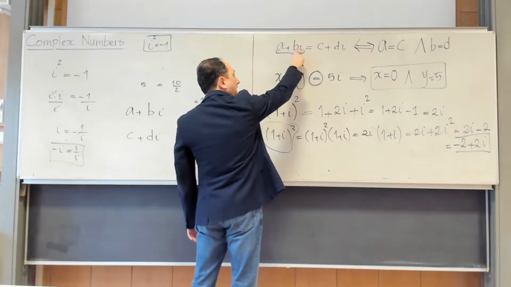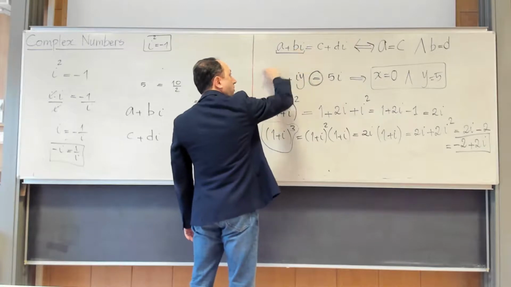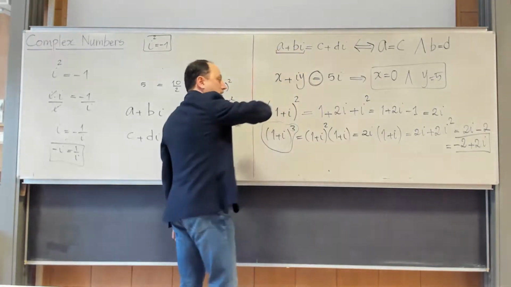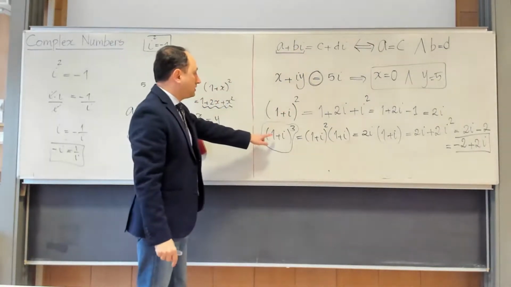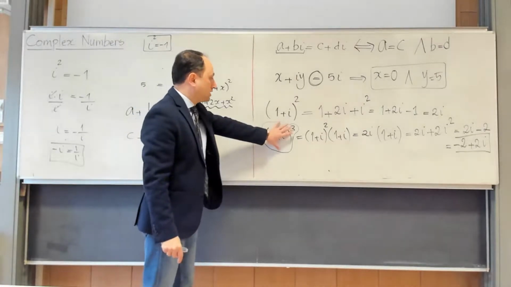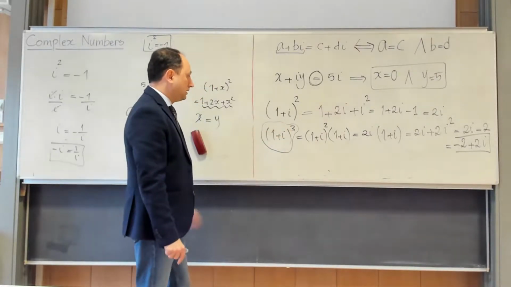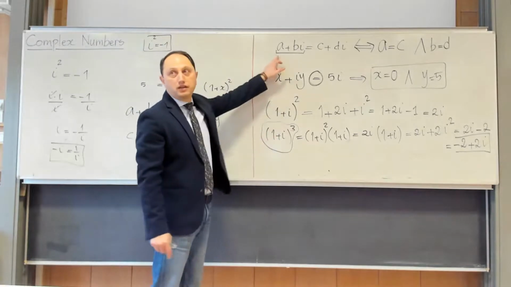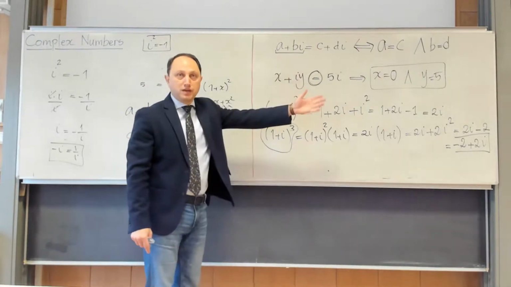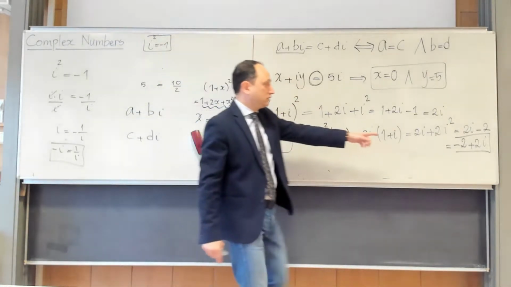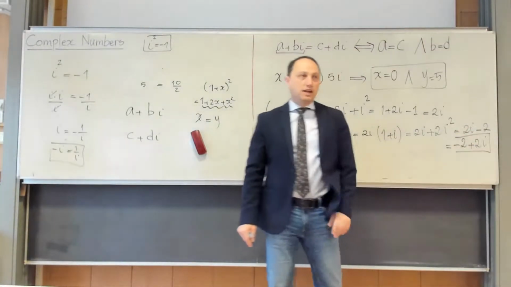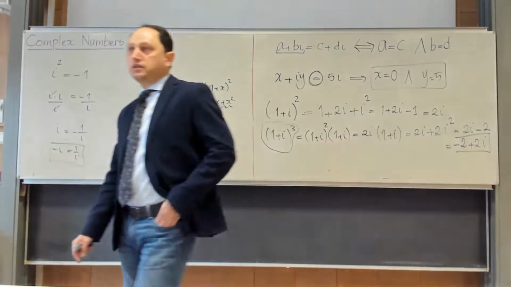The number next to i is the imaginary part. The number without i is the real part. So if I ask you to find the real and imaginary part of this number, you cannot do it directly because this is not still in the standard form. So you have to do some calculations to turn it into the standard form, and then you can immediately answer what is the real part and what is the imaginary.